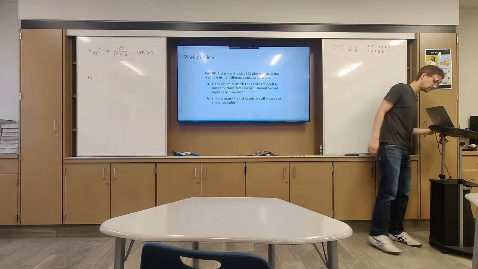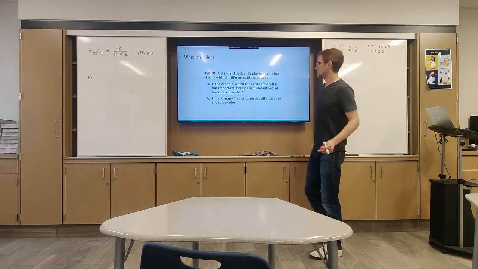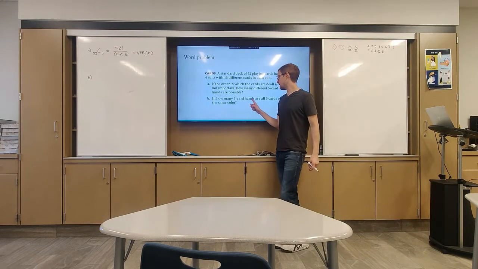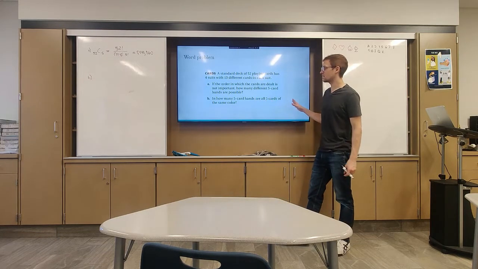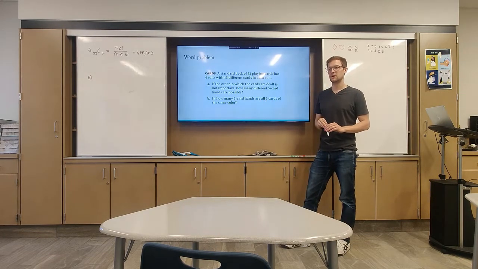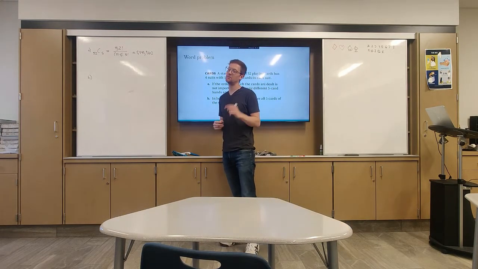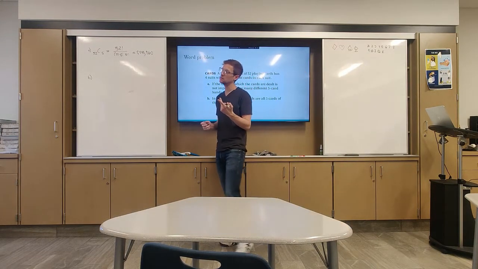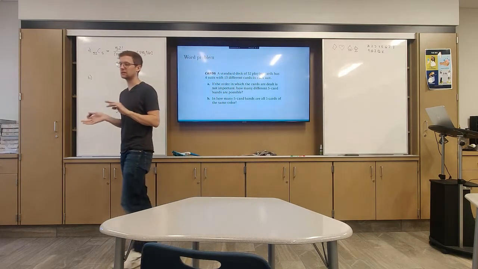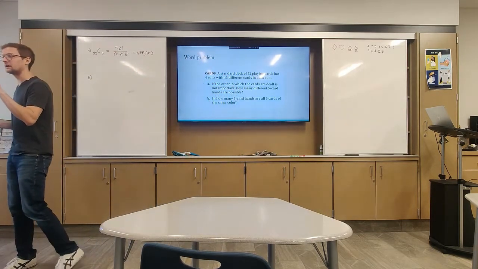Let's go back to here. In how many 5-card hands are all 5 cards of the same color? The first thing we need to do is see how many different ways we can pick a color, because that's the first thing we have to specify. What color is it going to be? How many colors are available? 2 colors, just red or black. And how many do we have to pick?